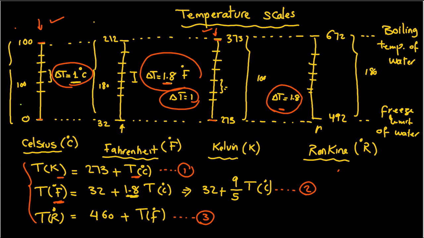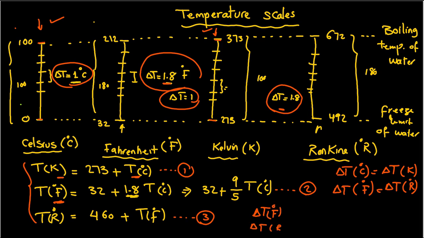So the relationship states that delta T on the Celsius scale is the same as delta T on the Kelvin scale, and delta T on the Fahrenheit scale is the same as delta T on the Rankine scale. And any one of these two, delta T Fahrenheit or delta T Rankine, is simply 1.8 times delta T on the Celsius scale or delta T on the Kelvin scale. So these are the relationships for the temperature difference between the different scales.